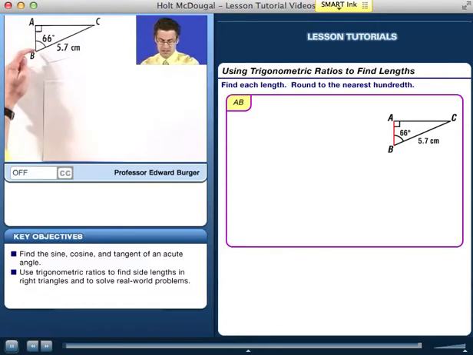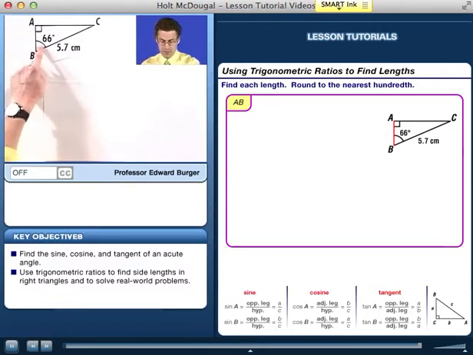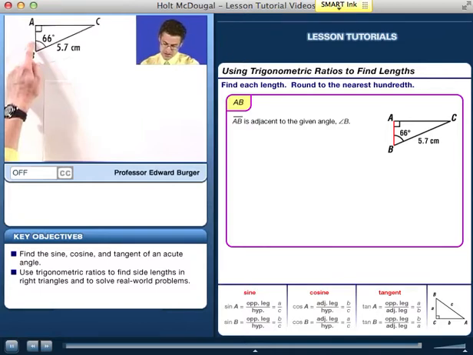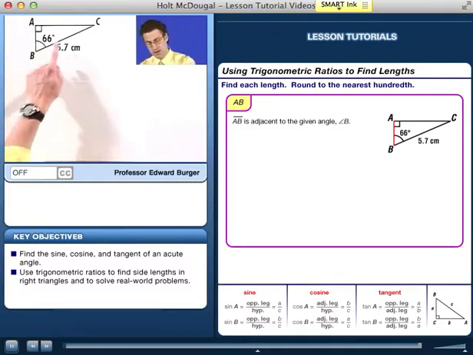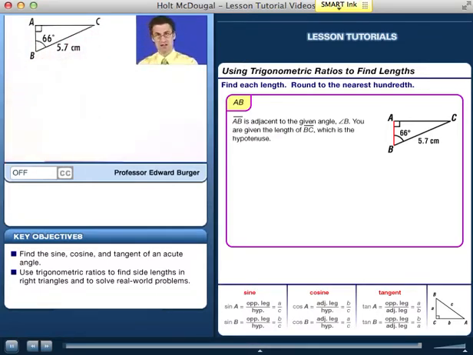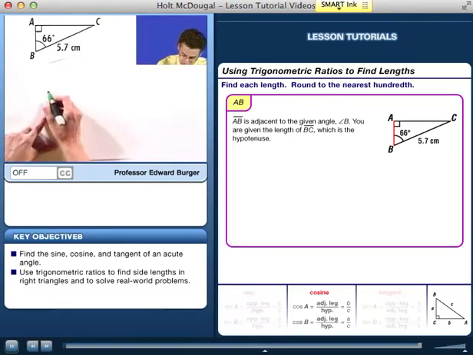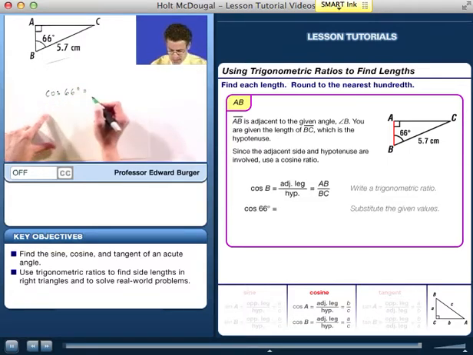So how do I hook this length up to this angle? Well, that's the adjacent side, the adjacent leg, and I know the hypotenuse. So I need adjacent, hypotenuse: cosine. So cosine of 66 degrees is going to be equal to the adjacent leg, which is AB, divided by the hypotenuse, which is 5.7.